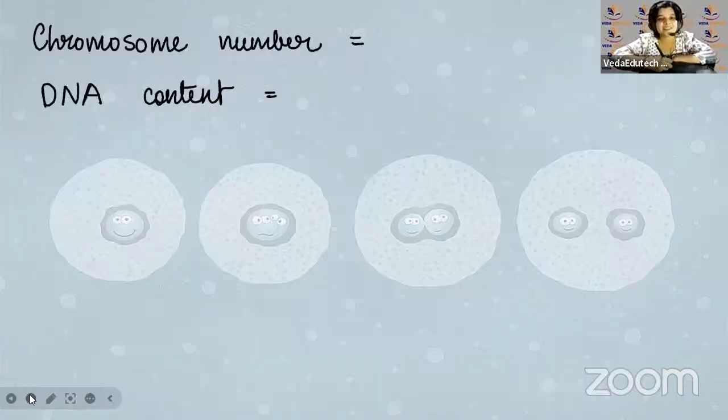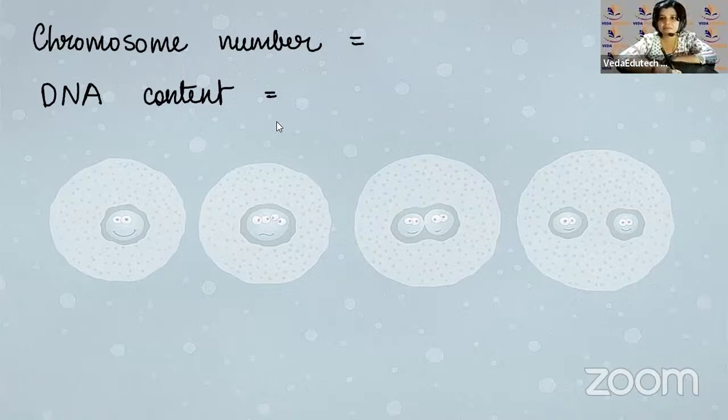So now this will happen. What about the chromosome number here? Wait, I got confused. Chromosome number here stays the same, which is 2n. DNA content is also 4a.